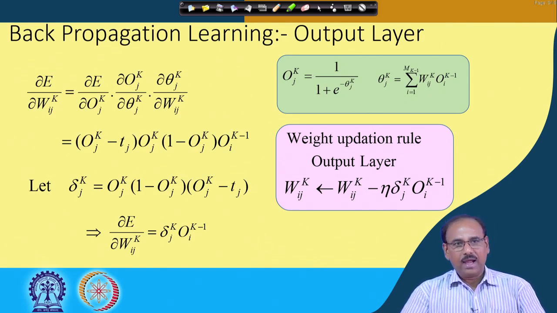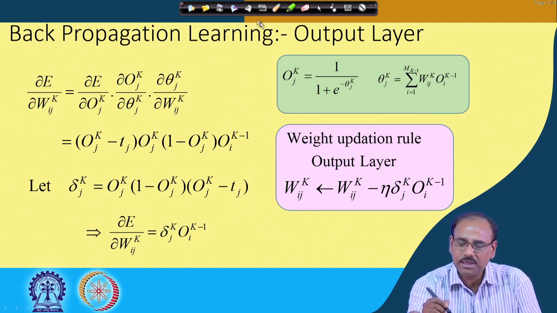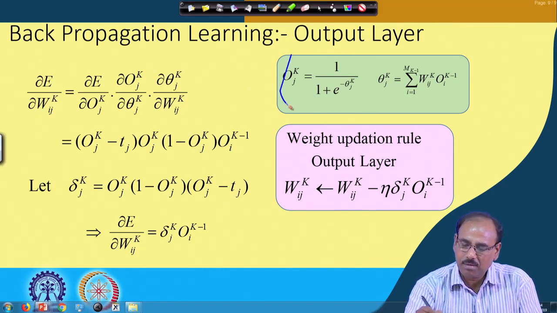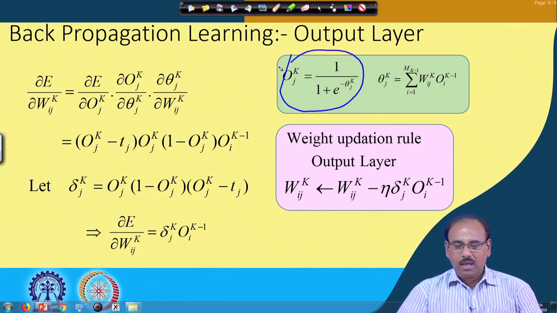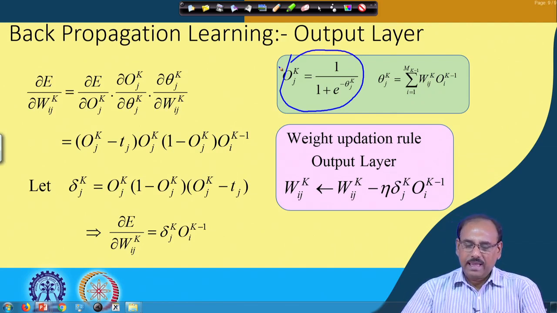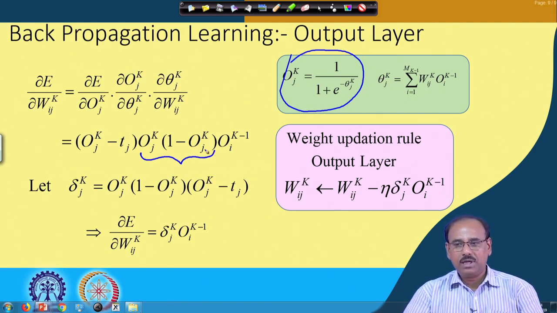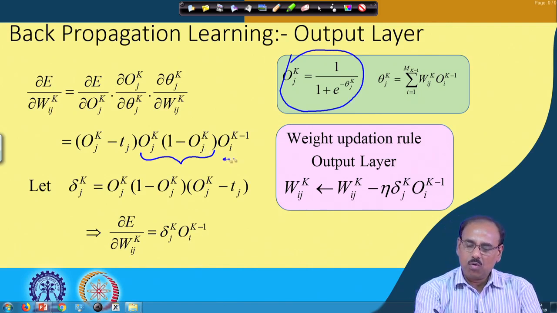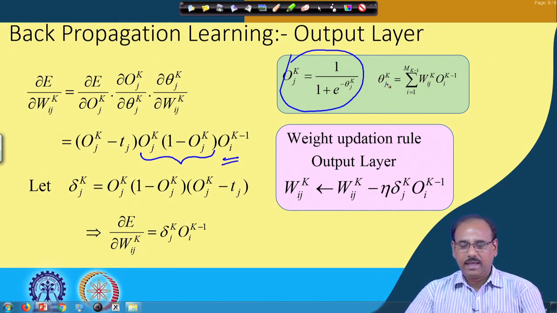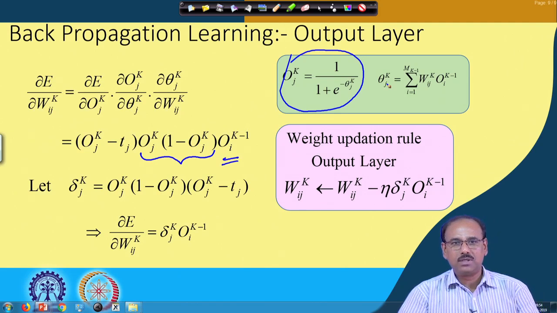Then del Ojk del theta jk: Ojk is a sigmoidal function of theta jk, so as given by this expression, del Ojk del theta jk becomes Ojk into 1 minus Ojk. We said that the advantage of using the sigmoidal function is that the derivative becomes very simple, which is of this form. And del theta jk del Wij simply becomes Oik minus 1, because if I take the derivative of this with respect to Wij, it simply becomes Oik minus 1.